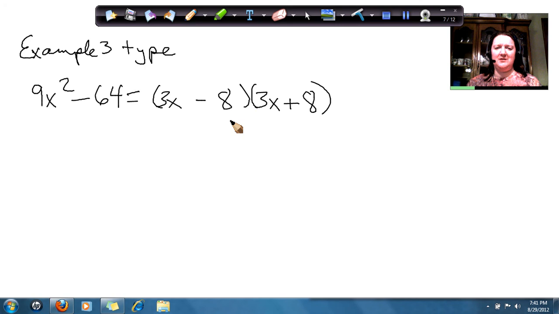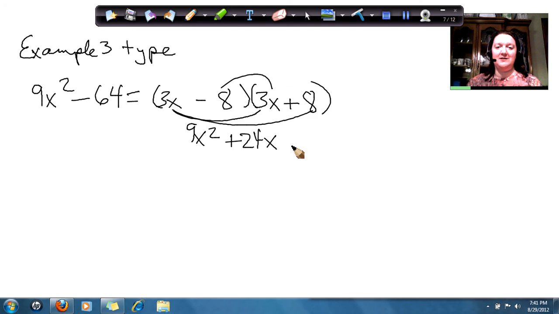Now if I look at my outside and inside terms, here I get my first term, that was going to give me 9x squared. If I look at my outside term, it's going to give me plus 24x. If I look at my inside term, it's a minus 24x. And if I look at my last terms, it's going to give me a negative 64.